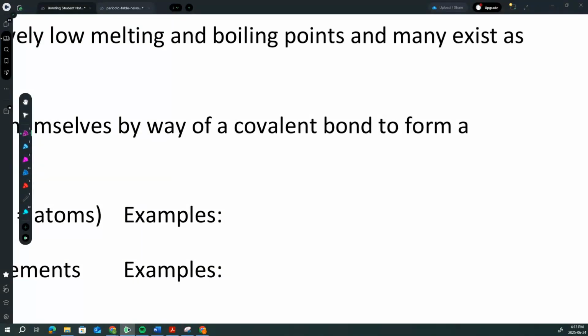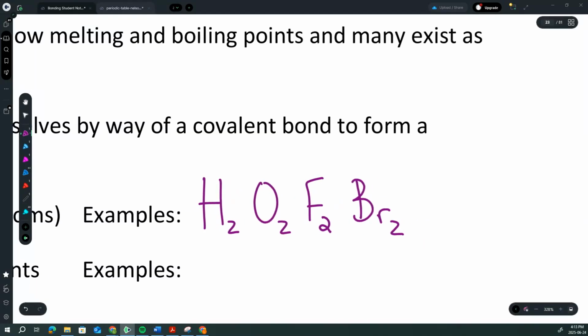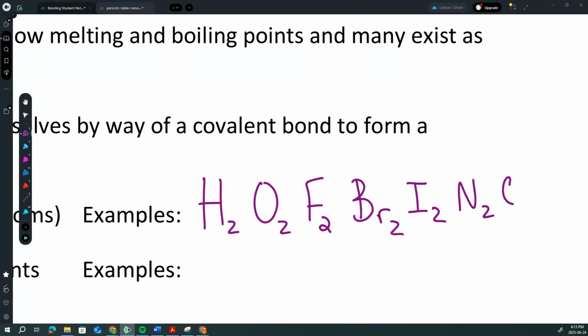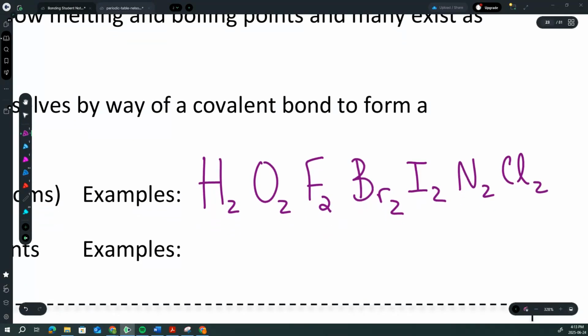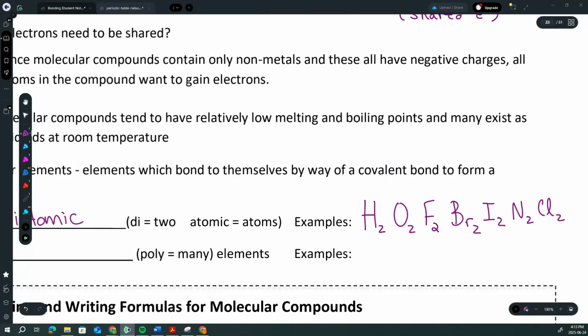How I remember this is Hofbrinkel: hydrogen, oxygen, fluorine, bromine, iodine, nitrogen, and chlorine. Those are all of your diatomic elements that exist.